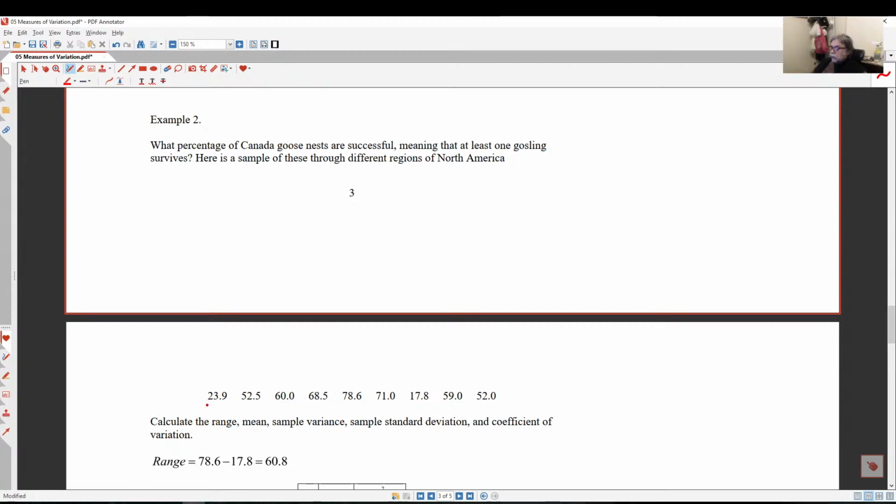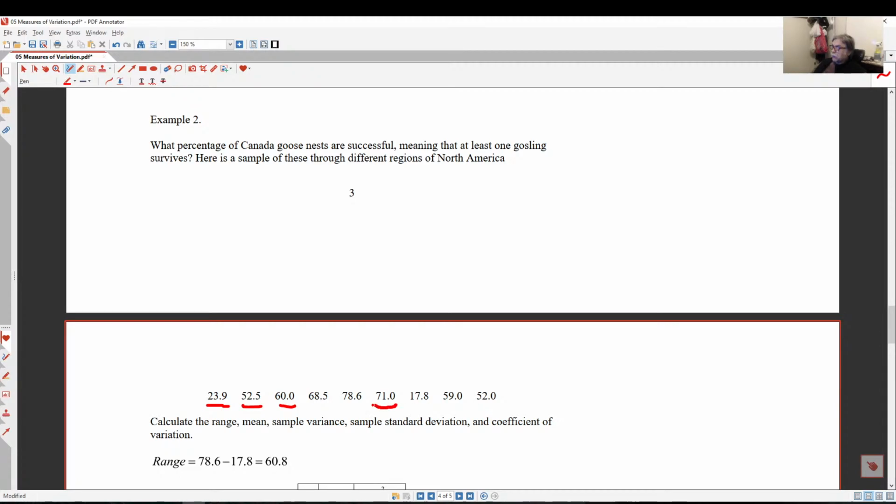So in this region, we have 23.9% of the nests successful, really bad. Less than 1 out of 4 nests actually have something. That means they're probably disturbed in that area. In the next region, they have 52.5%, and then 60%, 68.5%, and so on.